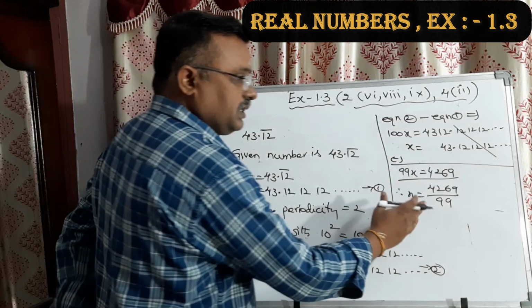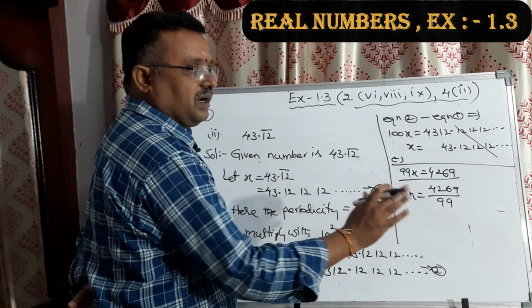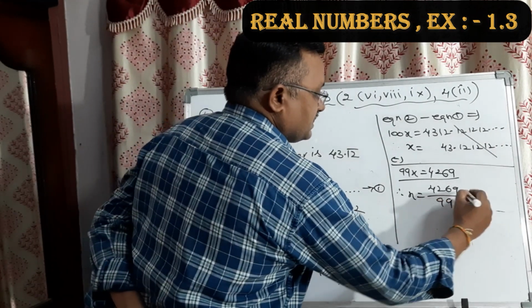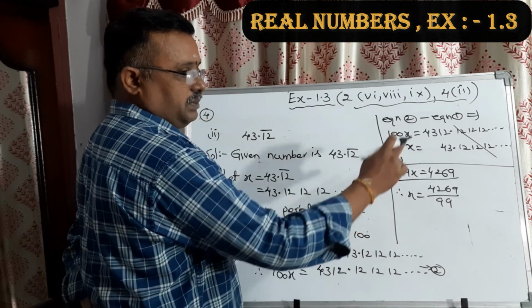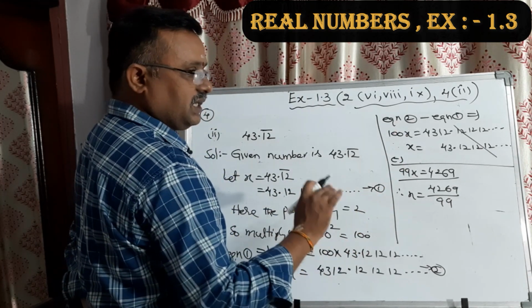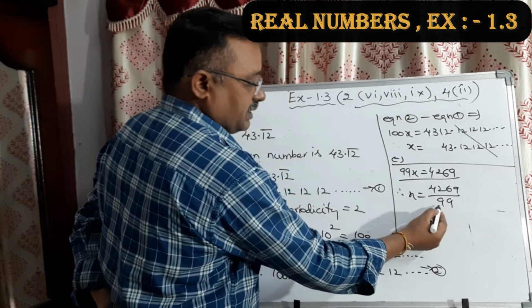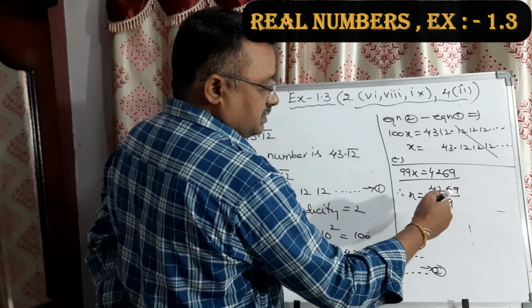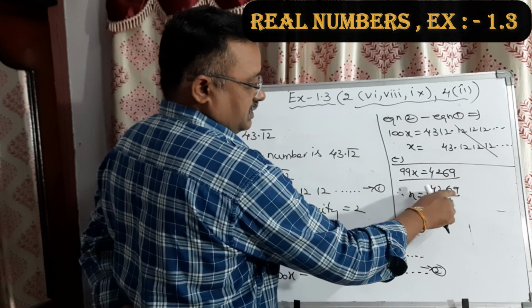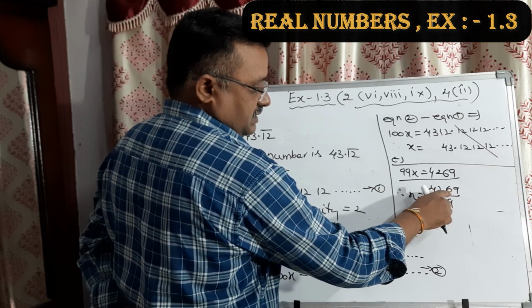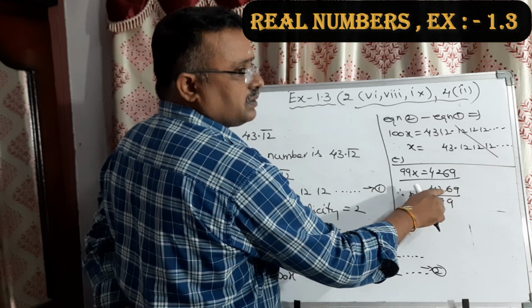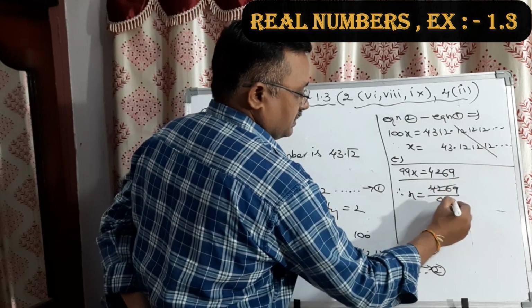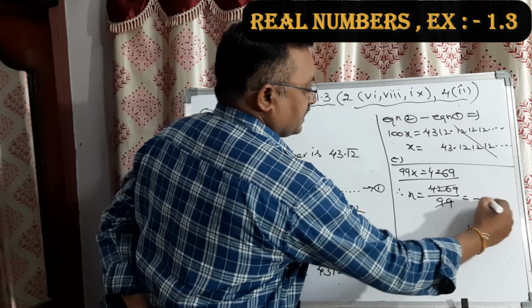But certainly this may not be the final answer. Okay? So check, are there any cancellations possible between the numerator and denominator. If there are, cancel them. Here you see 99 is a 3 multiple, or 9 multiple, and 11 multiple. Check that procedure. Here 9 plus 6 is 15, plus 2 is 17, plus 4 is 21, it is a 3 multiple. So with 3 you can cancel them. This is equal to 33.